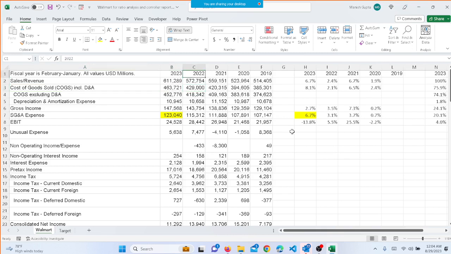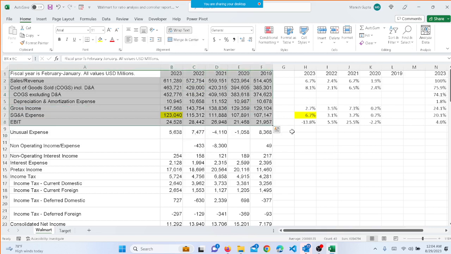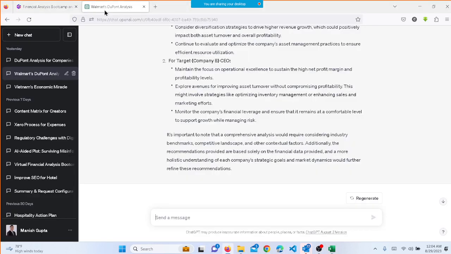This kind of analysis can also be done via GPT. You can copy this and give it to ChatGPT and ask it, please carry out a vertical analysis and horizontal analysis for Walmart in table format.